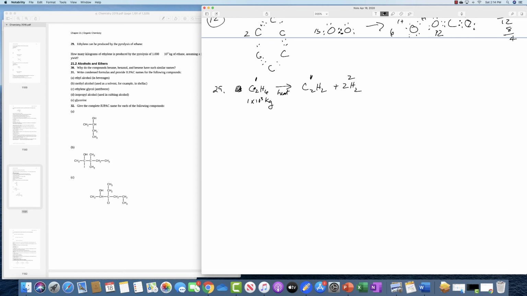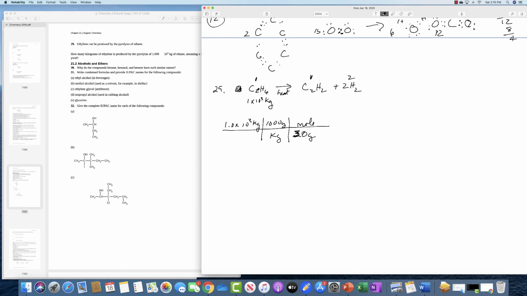how many kilograms of ethylene will you produce? Well, first of all, you have 1.0 times 10 to the 3rd kilograms, and there are 1,000 grams in a kilogram, and there are 30 grams in a mole.